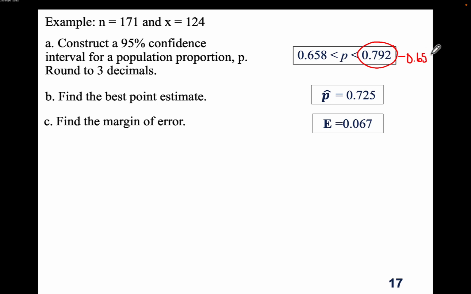Make sure that the subtraction occurs, by hitting enter or putting this in parentheses. Regardless, you have to make sure the subtraction goes first, then divide it by 2. If you're using your technology correctly, you should get 0.067.